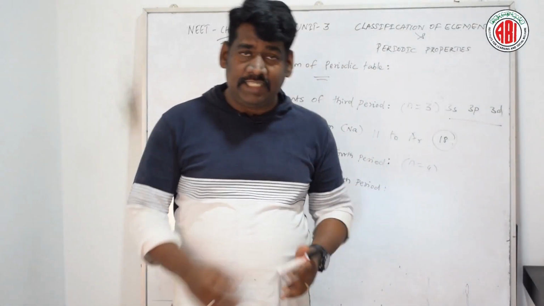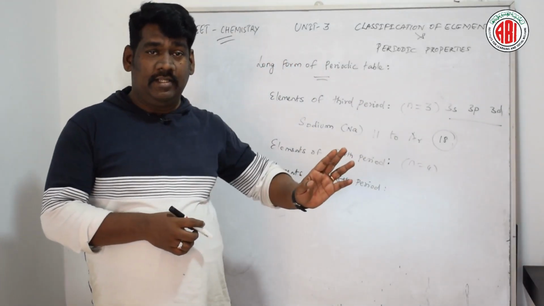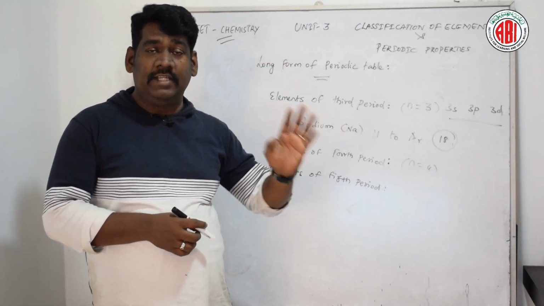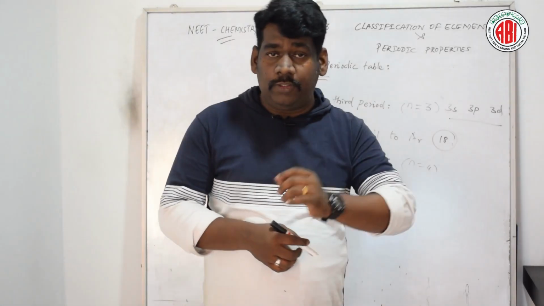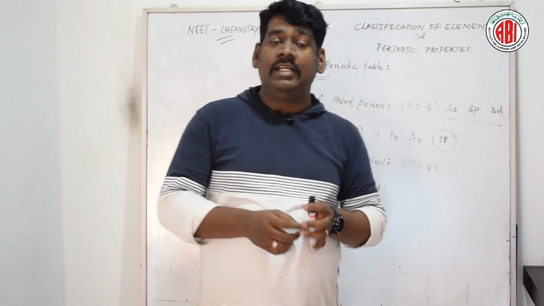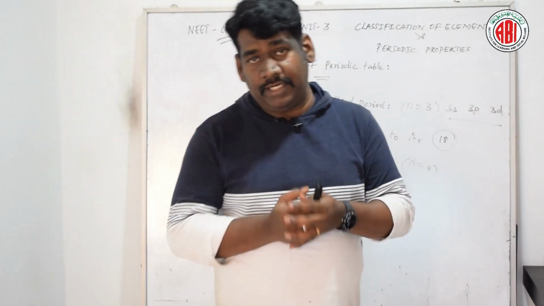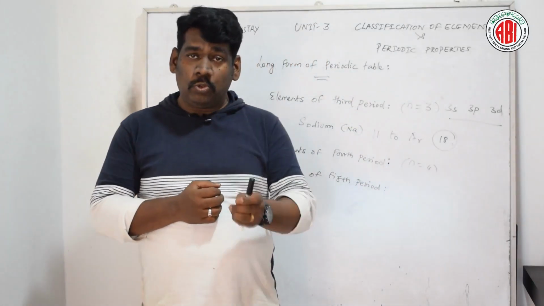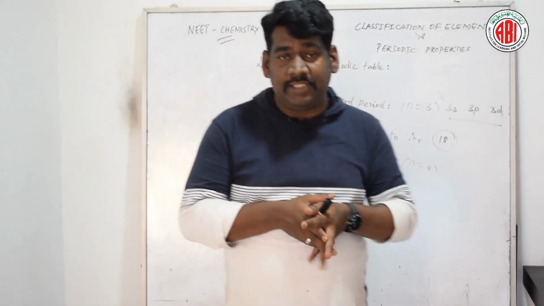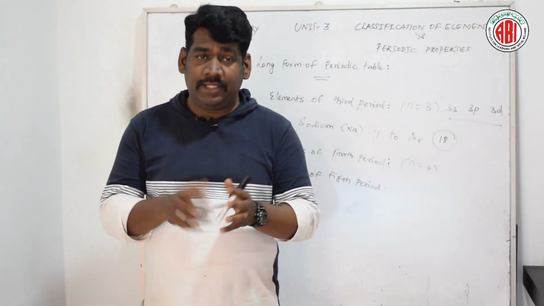So far we have discussed in detail the horizontal rows, or periods, in the long form periodic table, numbered 1 to 7. There are a few more important points to be noted. The first three periods contain 2, 8 and 8 elements respectively, and are called short periods.